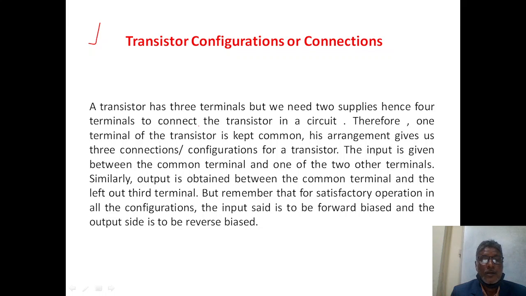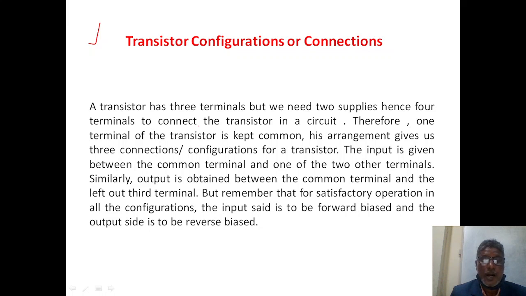But remember that for satisfactory operation in all the configurations, the input is to be forward biased and the output side is to be reverse biased. This is more important.